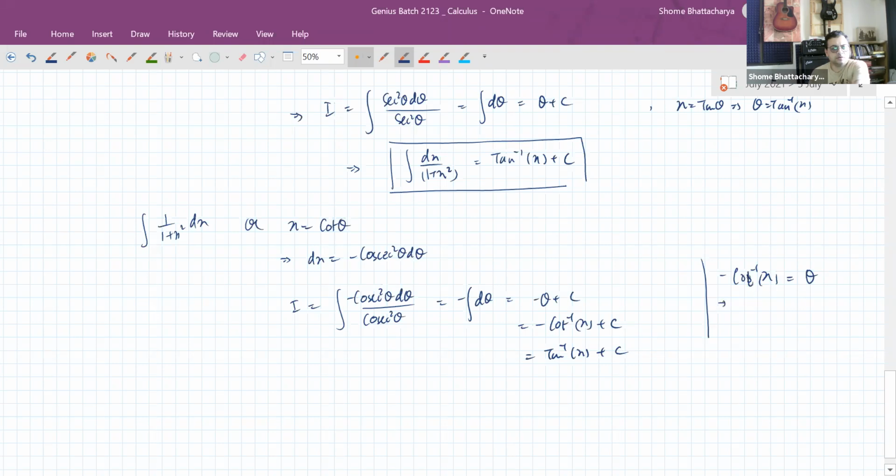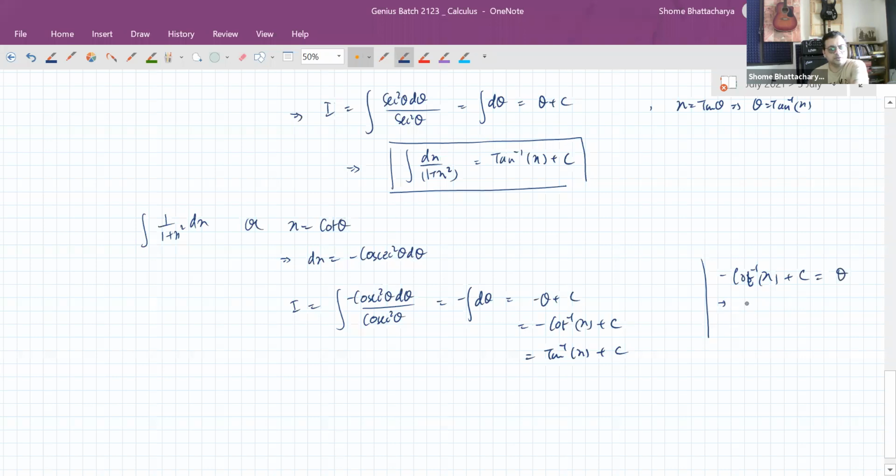That means, so it's a little bit tricky. You can say that these two are equivalent. Suppose this is the case.